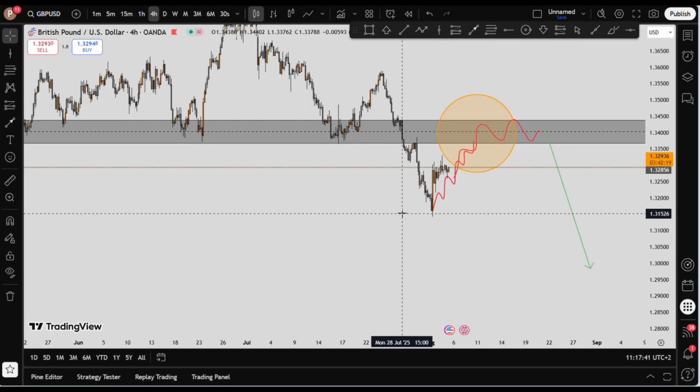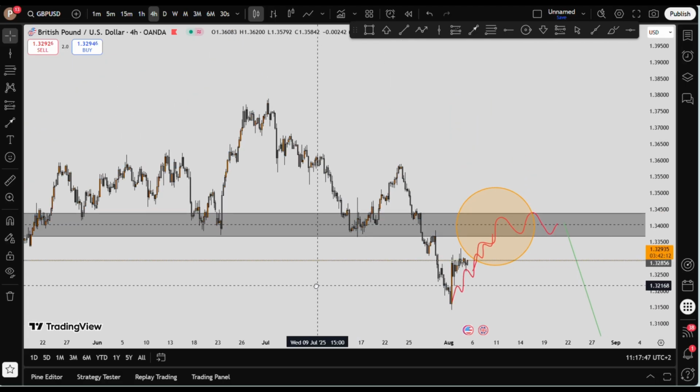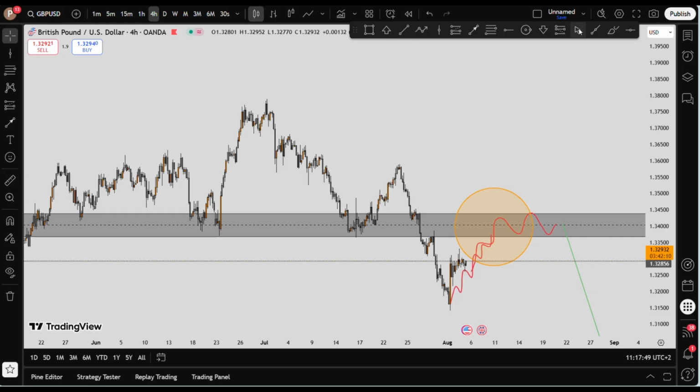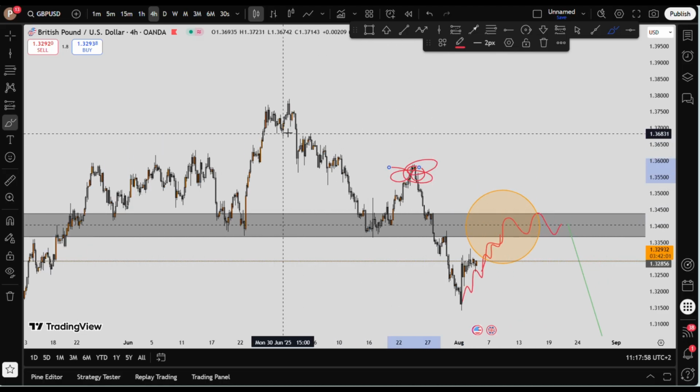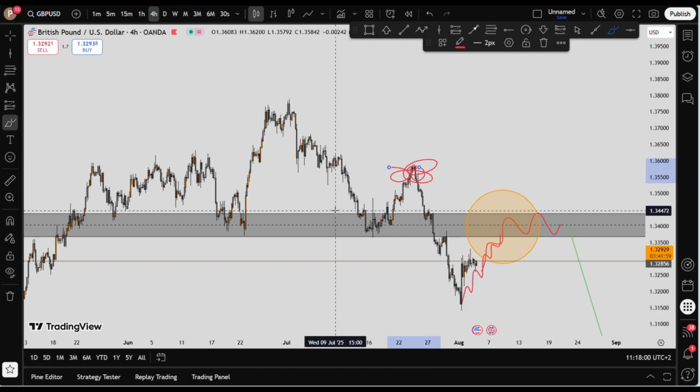I recently analyzed GBPUSD. You can check the previous analysis. I spoke about it when it was around, where was it? It was above, I'm quite sure. I don't know whether it was when it was for sales, right?